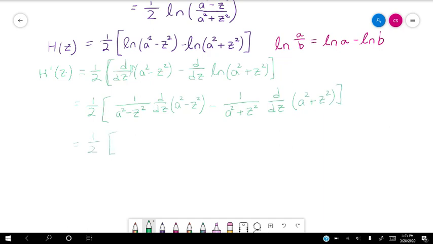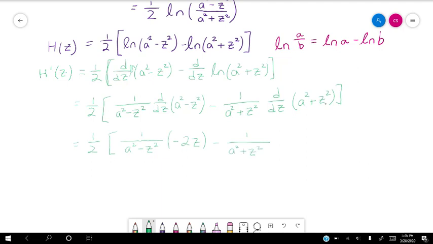So 1 over this. And what's the derivative of a squared minus z squared? Well, constant is 0, so that's going to go to 0. And then minus, let's bring down our exponent, minus 2z, 2 minus 1 is 1. So negative 2z.